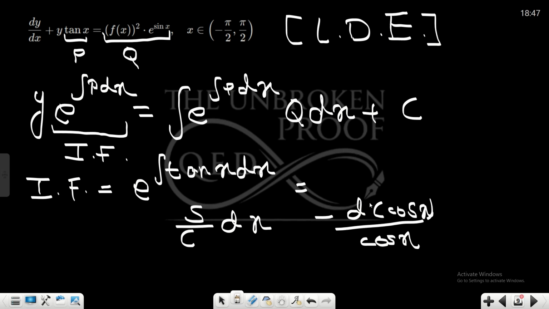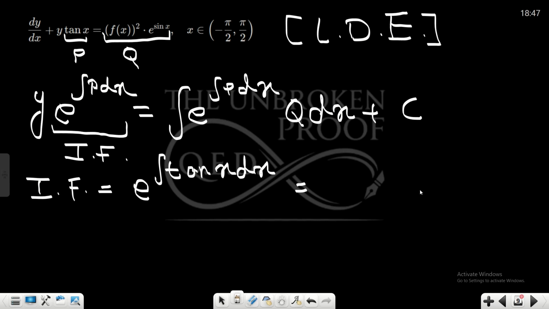This is a very simple standard case of dx by x, so it can be written as ln x, and if you have a minus over here, then it will become ln 1 by x, and here the x is cos x. Okay, if I take dt by t, then it will be ln t, and if there's a minus over here, then it will be ln of 1 by t, and t is cos x, so 1 by t is secant x. I think that's very simple. I hope you know that.